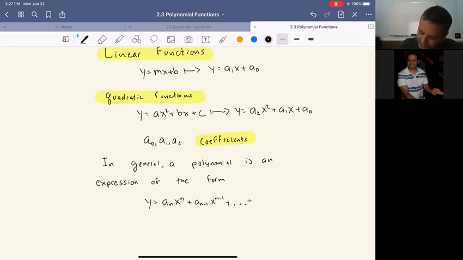So plus, and then you're going to go down to a1 x plus a0.